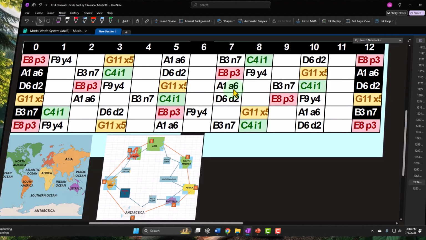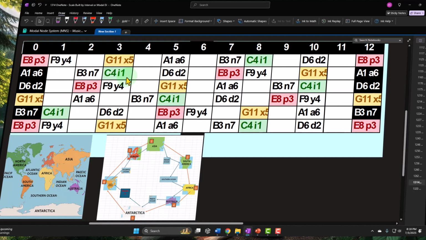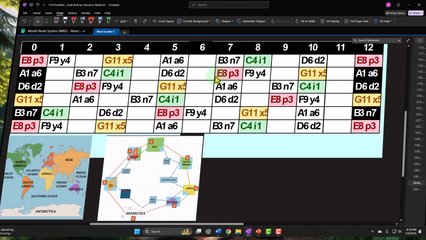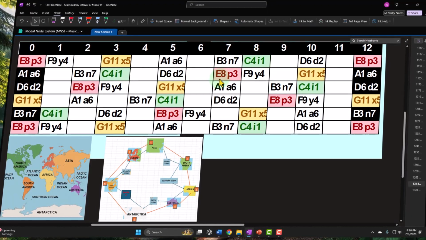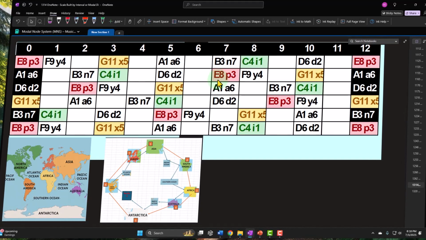So from a practical standpoint, we start to group the major and minor modes together, and we basically define the major and minor modes by the third. That'd be the third scale degree, or the second modal half step. In other words, the majors have a 4 note away second modal half step, or third scale degree. And why do we measure it that way?